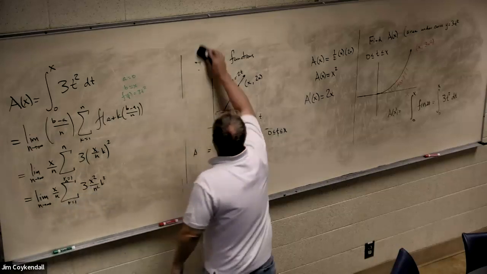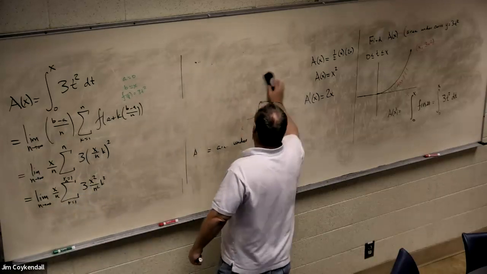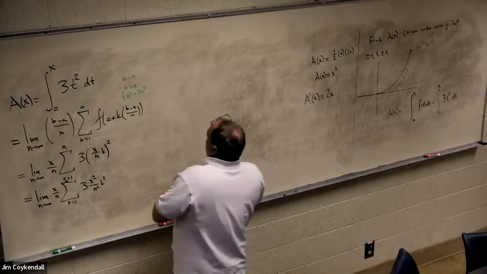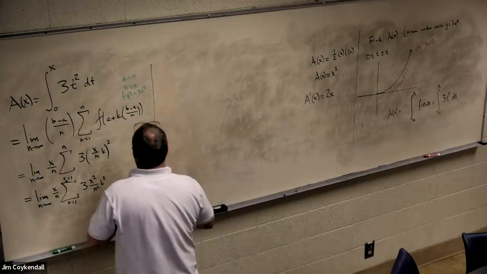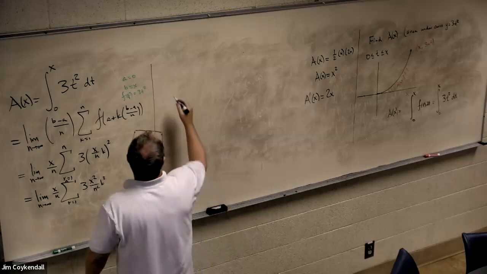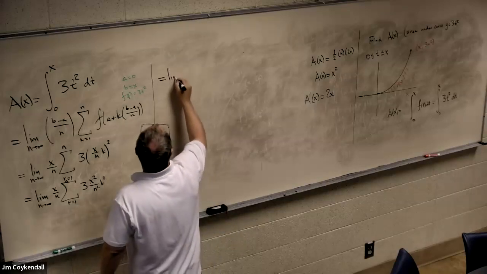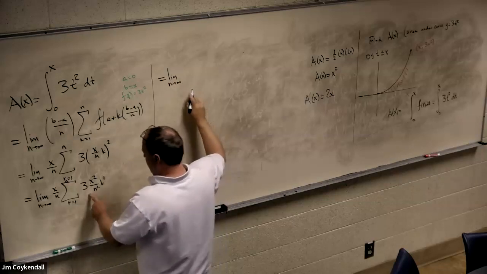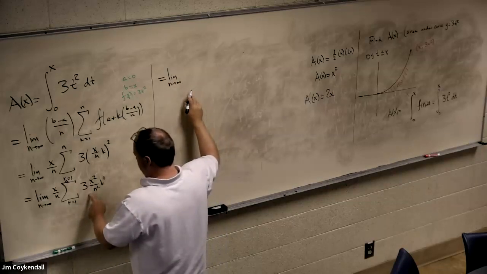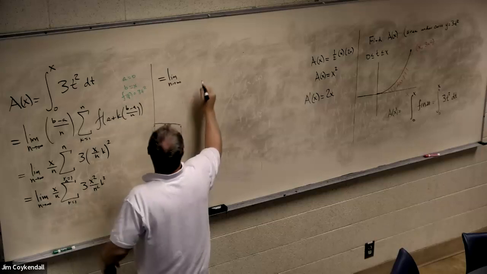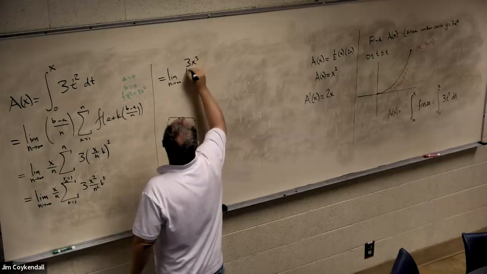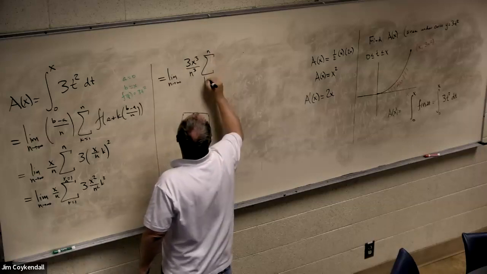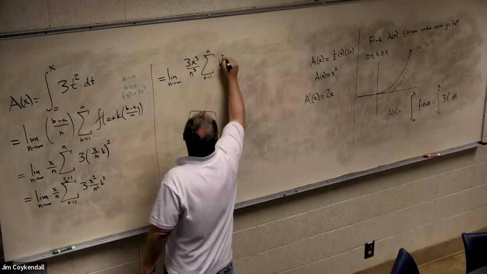Now I'm going to pull a bunch of that garbage out. This is the limit as n goes to infinity. That's going to be 3x cubed over n cubed, sum of k squared.